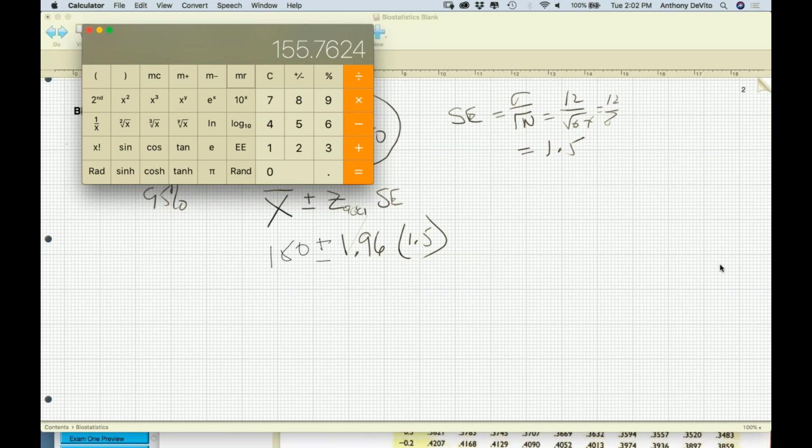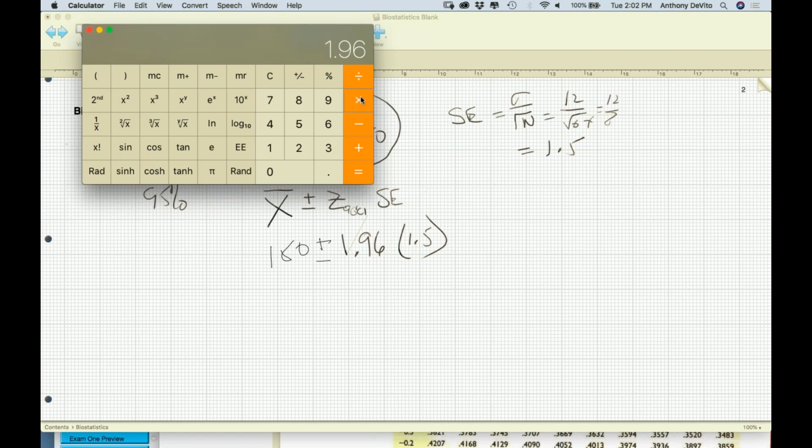Okay, so I'm not sure, did I get this wrong? I got different answers. 1.96 by 1.5 is 2.something. Oh my goodness. I told you I hate using a calculator for doing this. Well, how did I get that wrong? 1.96. I probably didn't clear it out between my botched calculation.